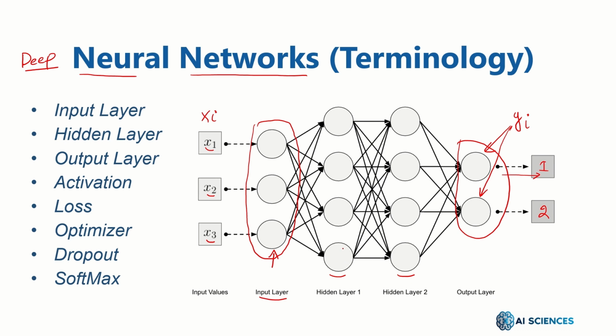In each layer, how many processing units are there, these are called hyperparameters that we have to set normally through validation.